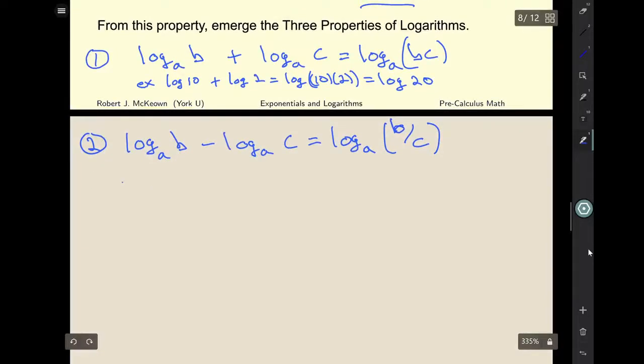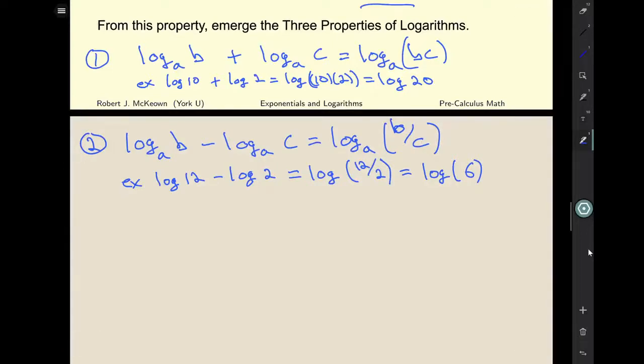And rule number 2, for example, if I have log base 10, well, this time I'll make it 12, minus log base 10, 2. That's like writing log base 10, 12 over 2, which is equal to log base 10, 6. And so those are 2 rules that you're going to need when you're working with logarithms.